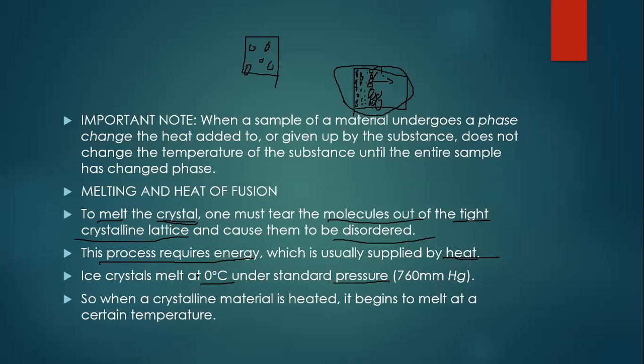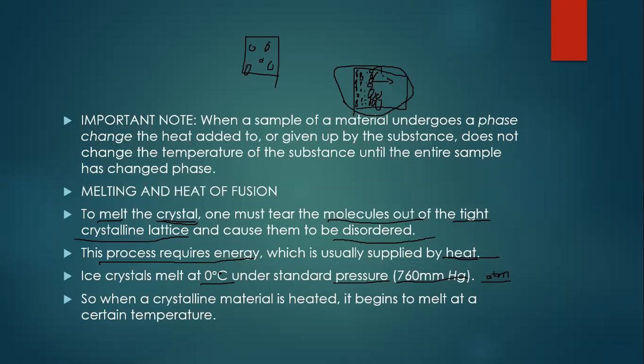So when we say ice melts at 0 degrees, we must say at standard pressure, which is 76 centimeters of mercury, the same as atmospheric pressure.